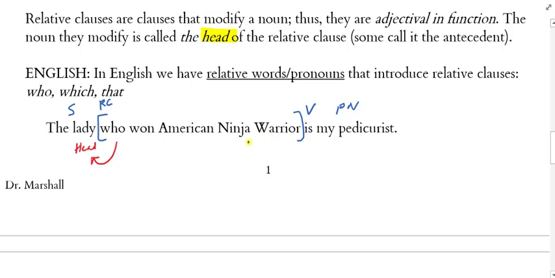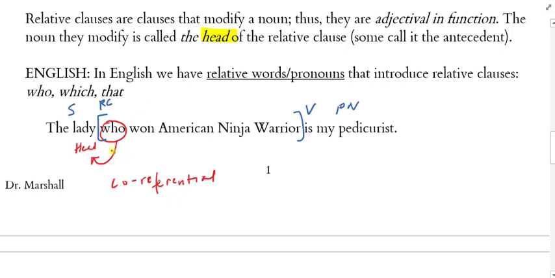Okay? Now, here's a feature of relative clauses. Whatever the head is, and whatever the relative pronoun is, who, which, or that, they are co-referential. That is to say, they refer to the same thing. They are co-referential. What do pronouns do, by the way? This is a relative pronoun. What do pronouns do? They take the place of a noun, right? So pronouns replace nouns.